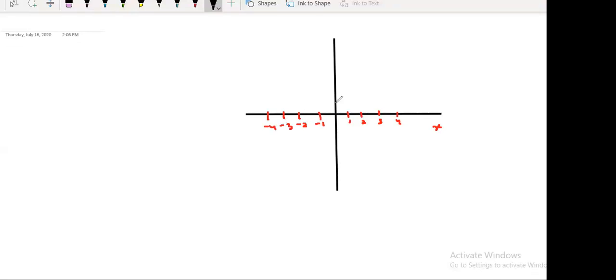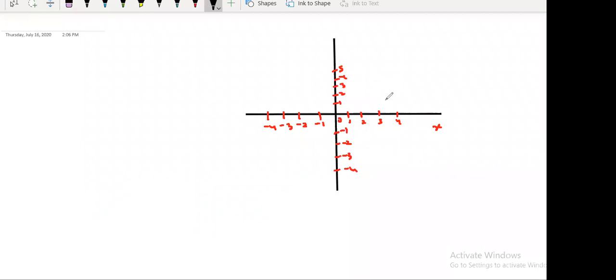This is 0. We have 1, 2, 3, 4, 5, and -1, -2, -3. This is my coordinate system. X-axis is your abscissa, y-axis is your ordinate.